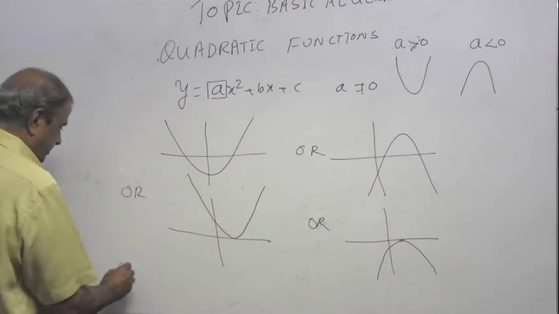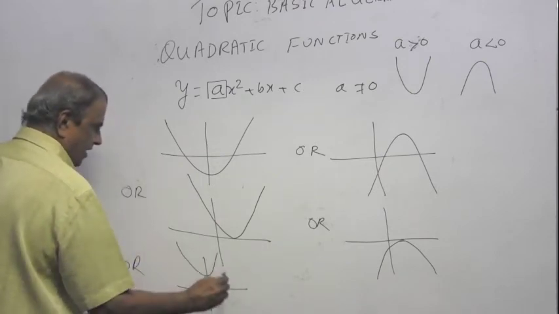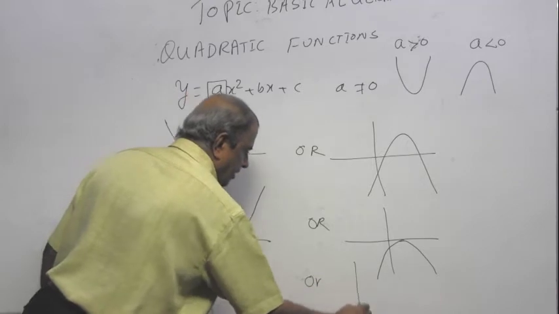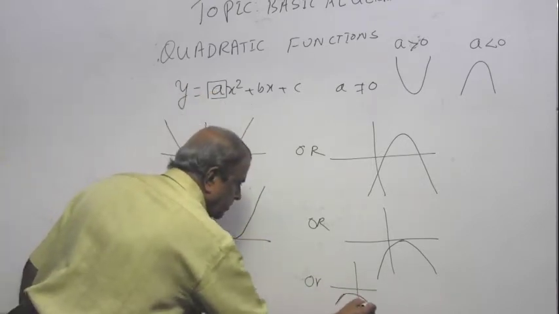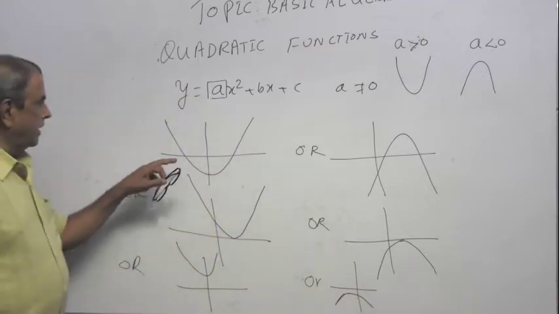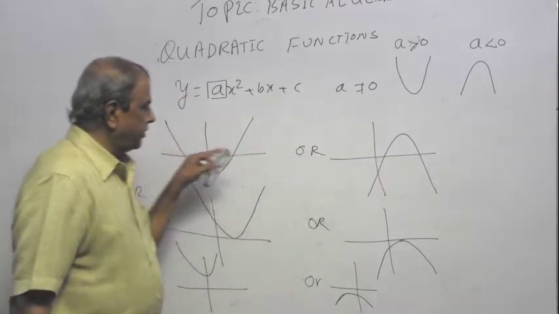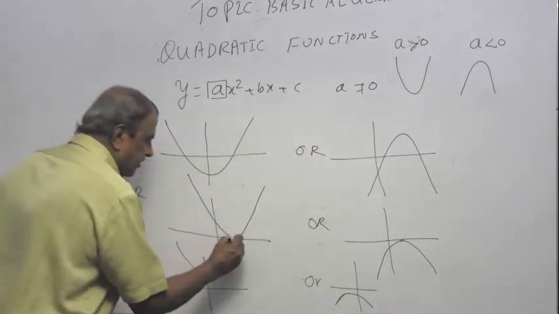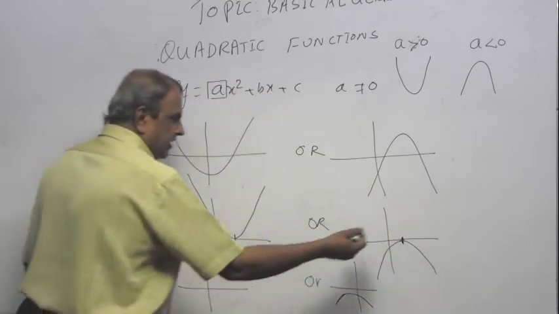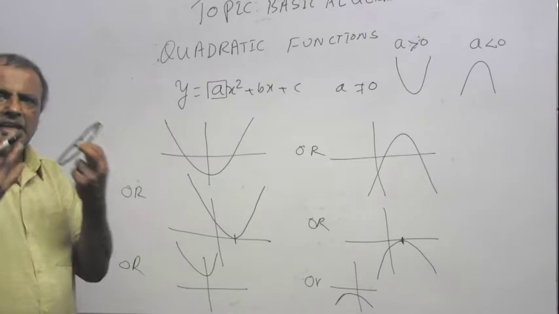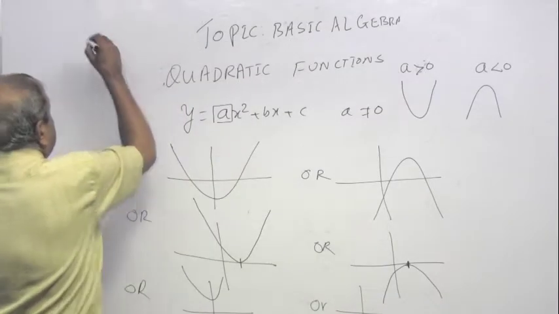Or it could be funny like this, or like this. In other words, it cuts the x-axis in 2 points, or it touches the x-axis in 1 point, or it does not cut the x-axis at all. There are 3 possibilities. To understand this, let's look at the formula we used.